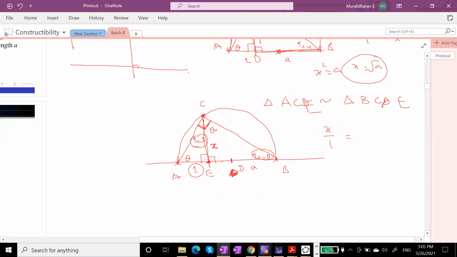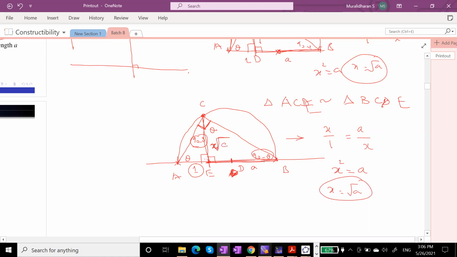And the side opposite to theta is A. The side opposite to theta in the smaller triangle is x again. So A by x. This is just by similar triangle property. That means x square must be equal to A. So this x length must be equal to root of A. So from A, I have constructed root A.